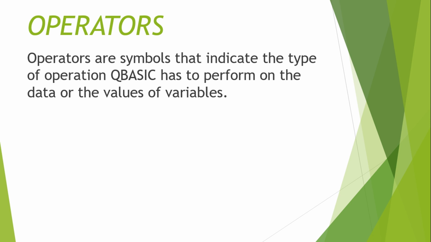We write programs to give instructions to the computer, and whenever we write a program we do some specific task in the computer, and all the tasks are done by the operators. If we don't use several operators we won't be able to perform tasks. So operators are symbols that actually help you to do any specific task.